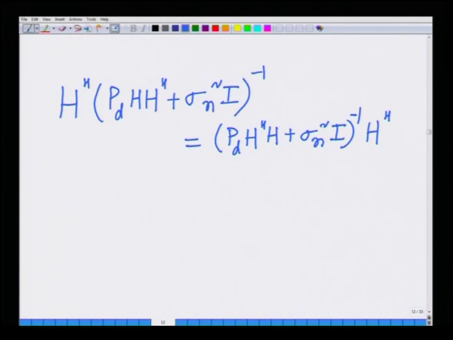I just want to show the equivalence, and that is fairly simple. I take this inverse to that side, and this inverse to this side.